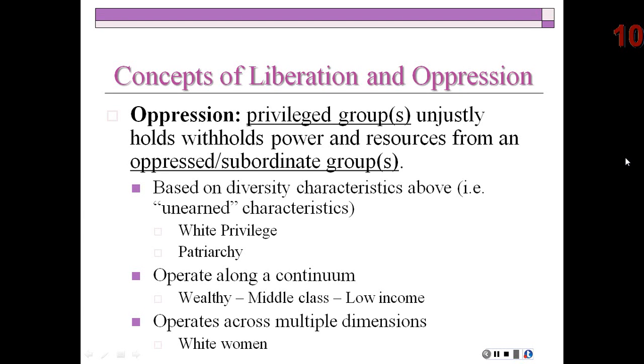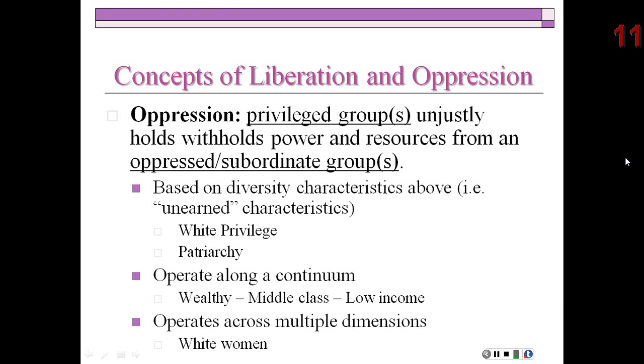So when we think about that, I think segregation is the best example, and a very recent one. Oppression happens a lot more subtly now than it did back in the 1950s. In the 1950s, we had clear rules and laws and regulations against black folks using things that white people did, right? So with segregation, they couldn't live on the same side of town, they couldn't attend the same restaurants, and so forth, right?